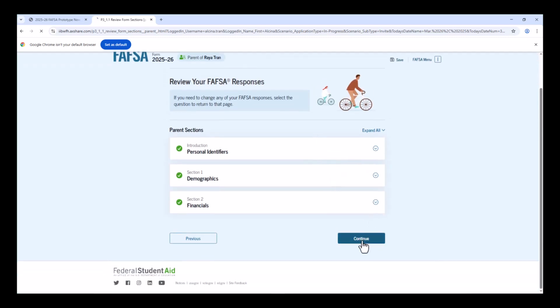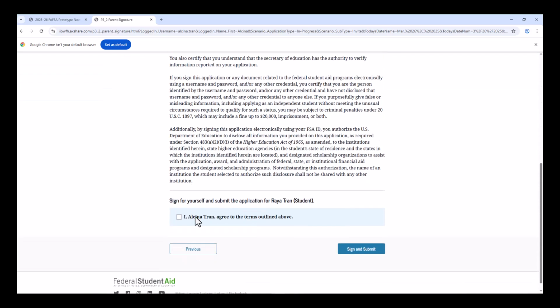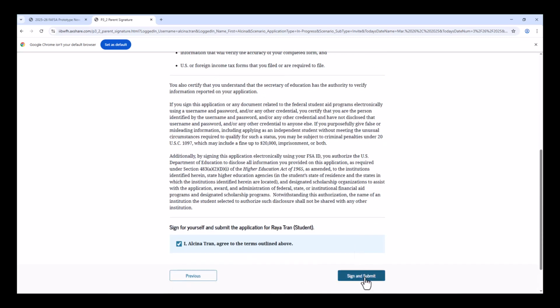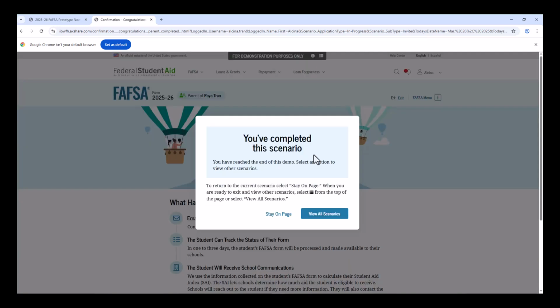And then you'll continue on and you will sign for yourself, and you will sign and submit. So you, the parent, will be the person that will successfully submit your student's application. And as you can see here, you have a congratulations, your FAFSA form is complete.